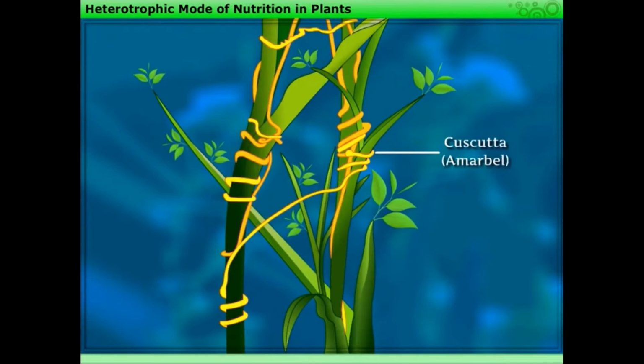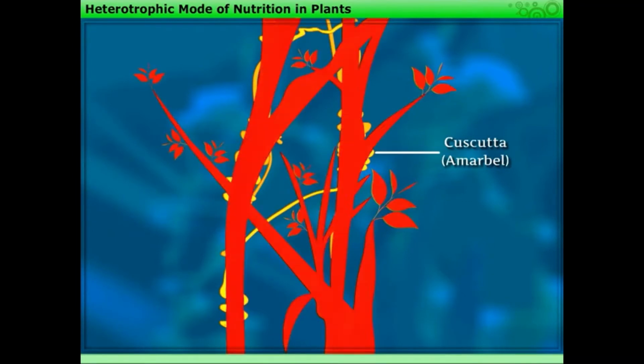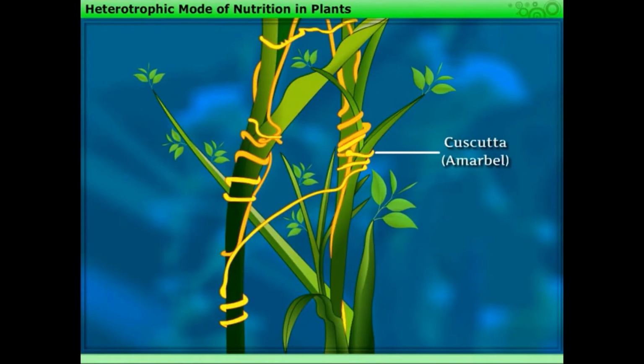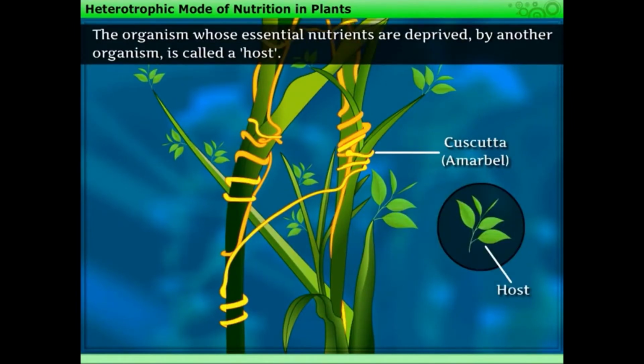For example, the Cuscuta plant. Since this plant doesn't have chlorophyll, it climbs onto another plant and takes ready-made food from it. The plant on which it climbs is called the host.